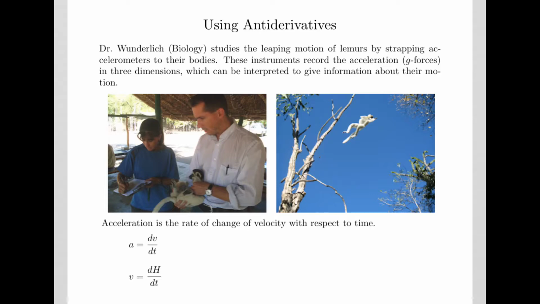These are devices that can track how things are moving, and the way they do that is they measure how something accelerates. So she's strapped these accelerometers to the bodies of lemurs, and then she records them as they leap, as they jump. So what I wanted to do is talk about how we can use accelerometer information, acceleration, to find other information.